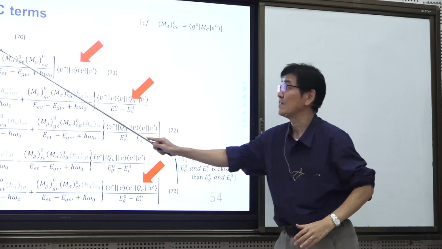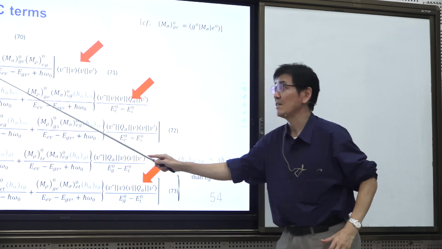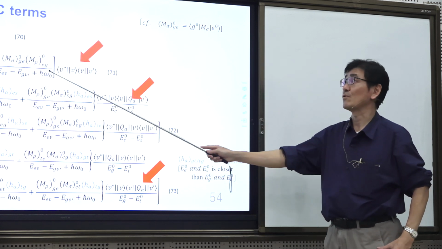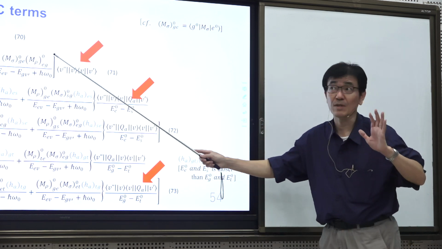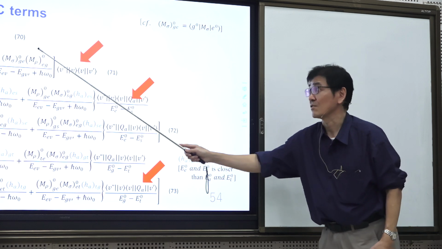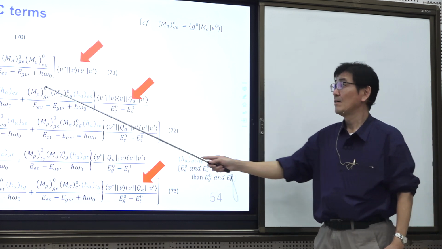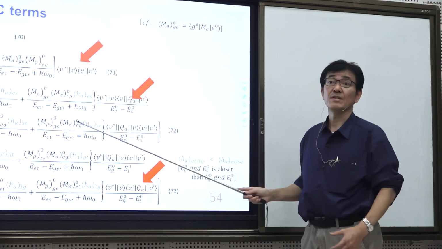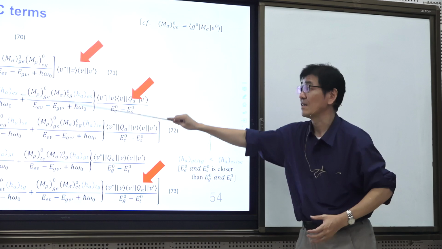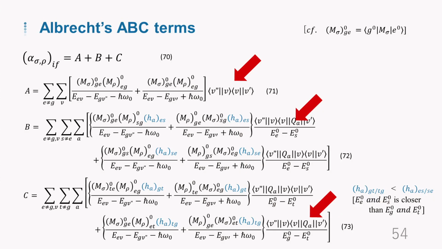So this is the largest, the leading term in the Raman scattering in most cases. It depends on the symmetry, but anyway, this is the largest contribution. The mixing wave function is rather small, so B and C are relatively small, smaller than A.